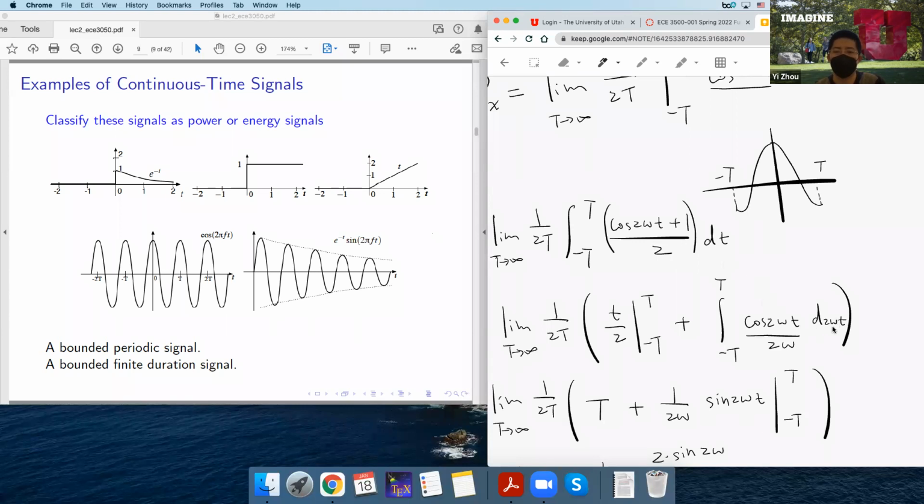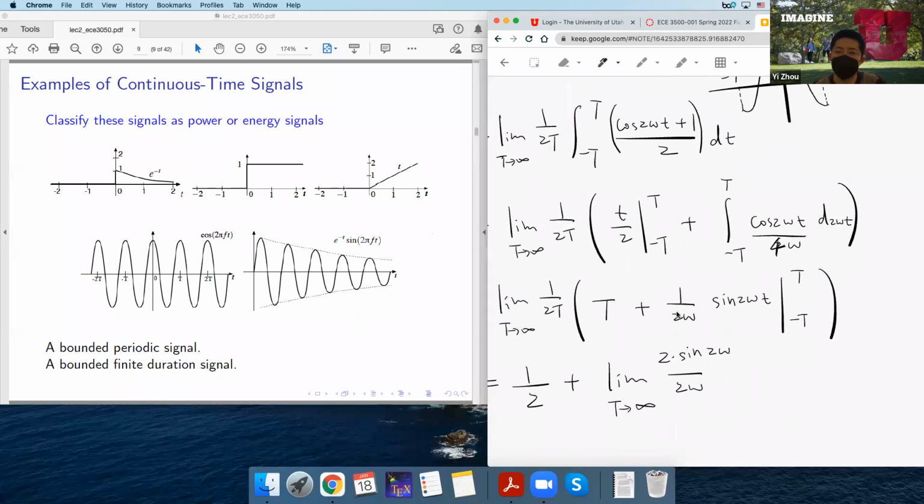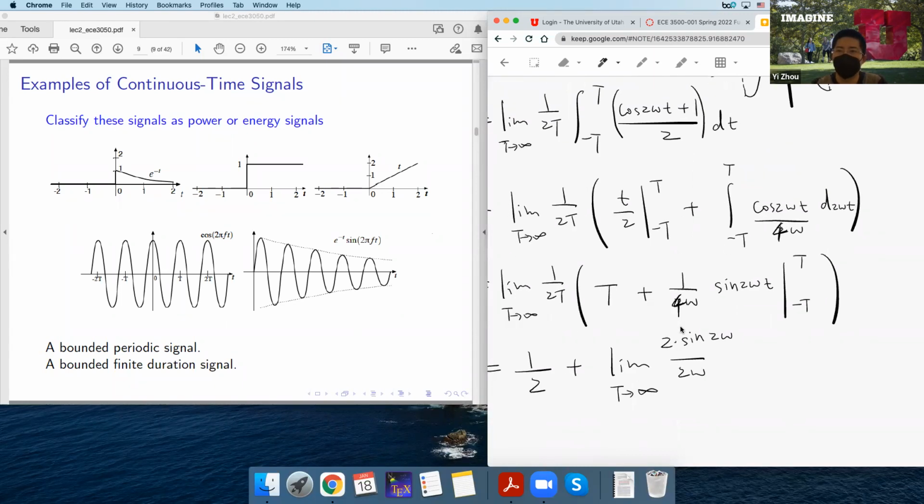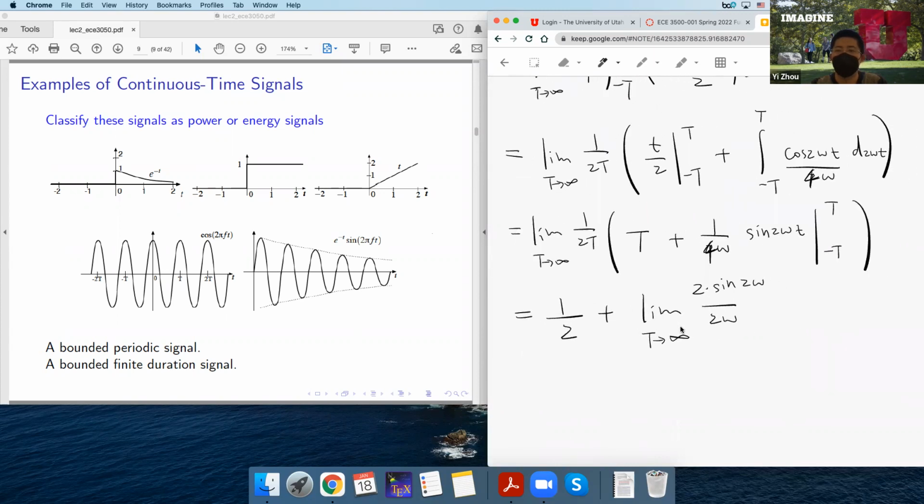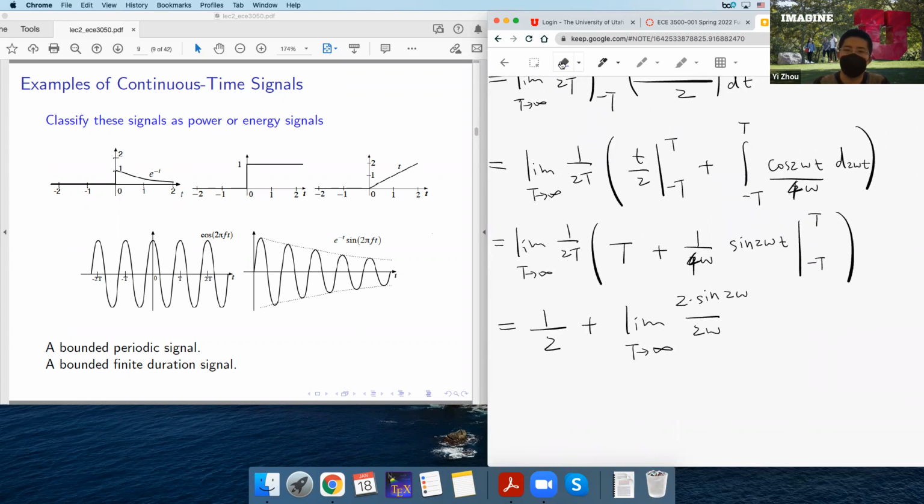I multiply 2 omega here, so I should divide by 2 omega. So this is 4 omega. Thank you for pointing this out. Yeah, 4 omega. And this gives 2 times this one, the 4 omega.